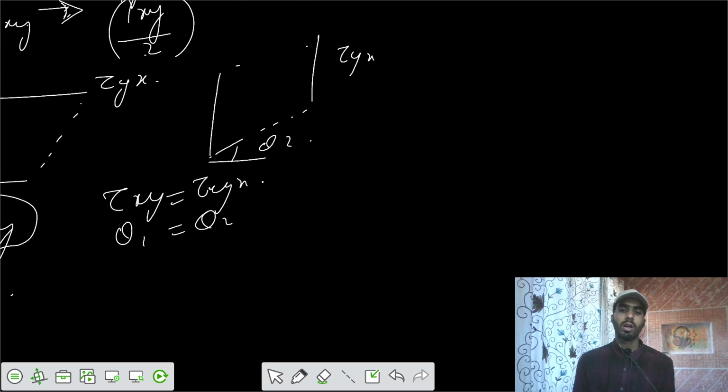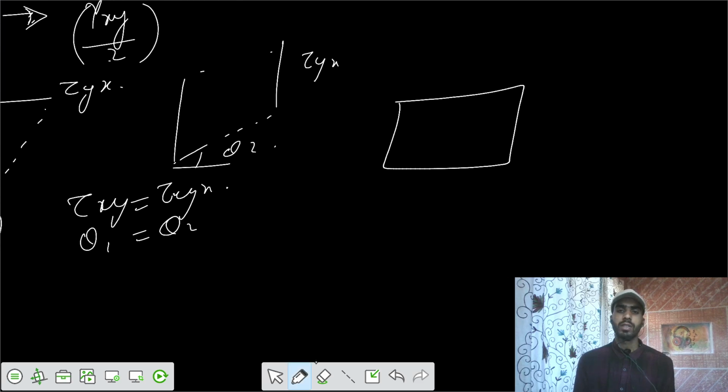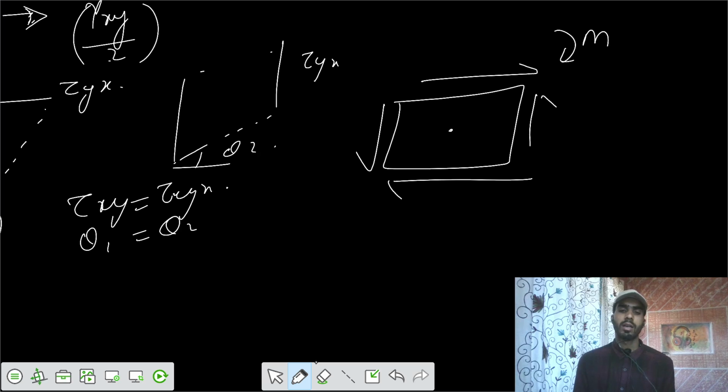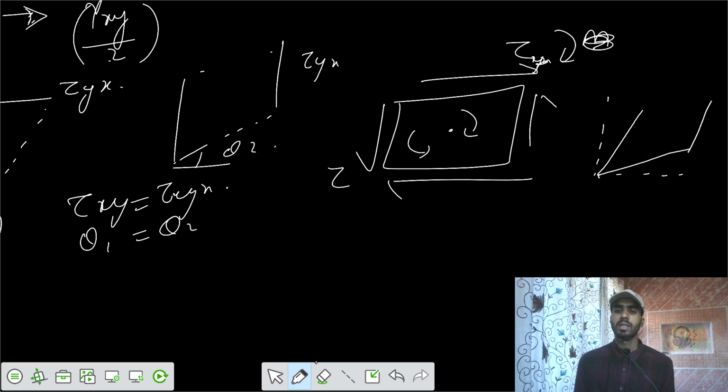If you want to say the overall effect of the shear stresses for this balanced stress element, because this anti-clockwise moment is getting balanced by the clockwise moment, so it's balanced. So for the shear stresses here, tau yx equals tau xy, it deforms by some angle in this fashion. This is theta 1, this is also theta 2.